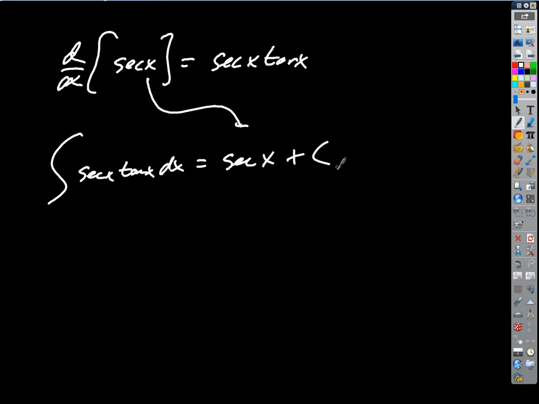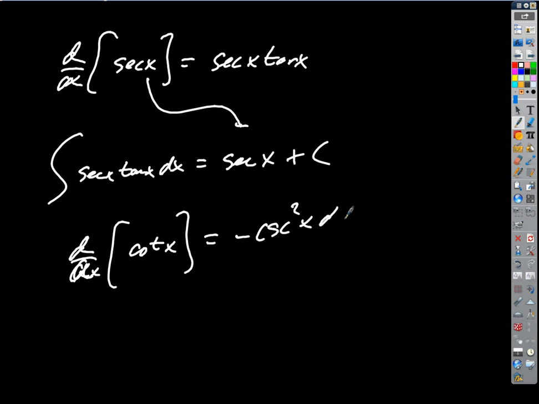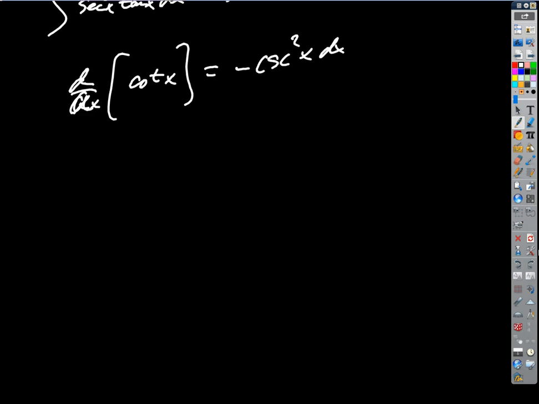And how about cotangent? So what if I did the derivative with respect to x of cotangent x equals negative cosecant squared x? This isn't one you use very often, but think about that for a second. Can anybody volunteer what's going to be the corresponding antiderivative that goes with that?